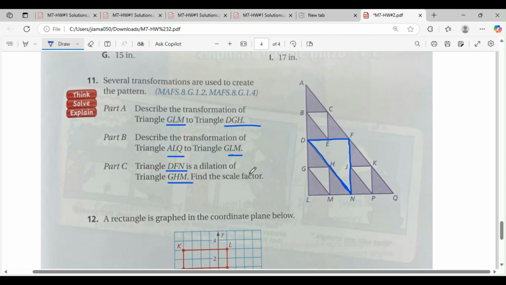Okay, and GHM. GHM is right here. Okay, so we should find the scale factor.